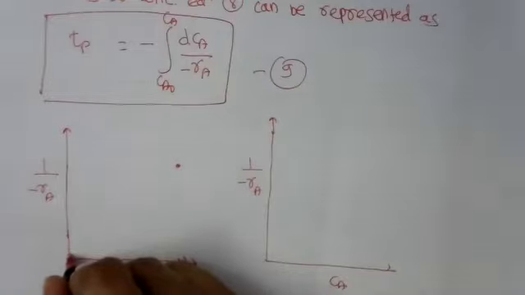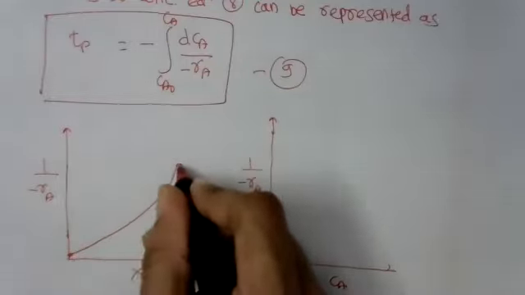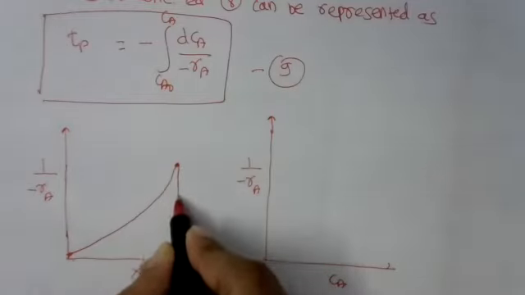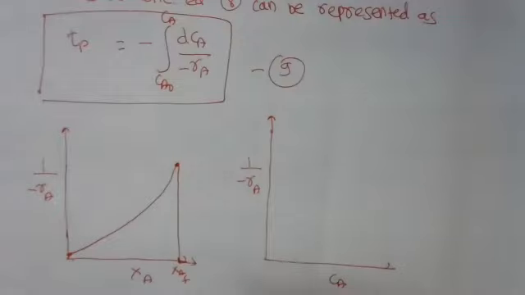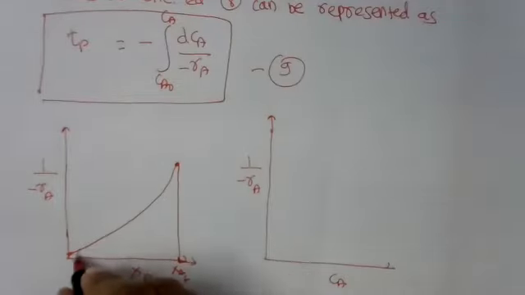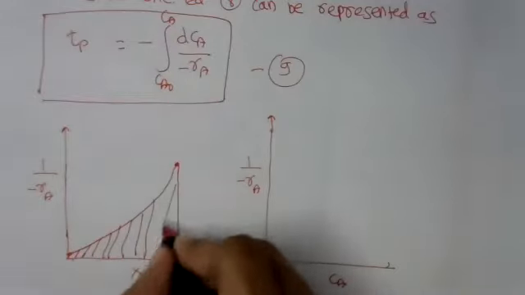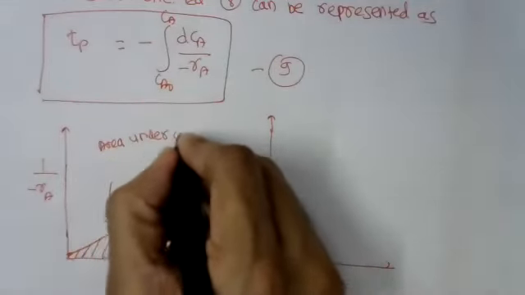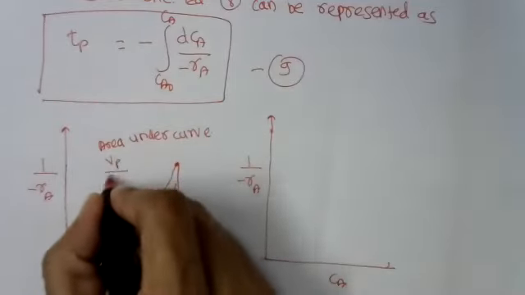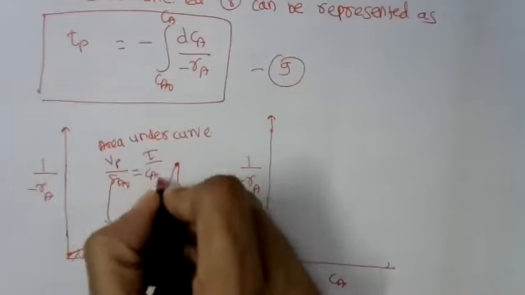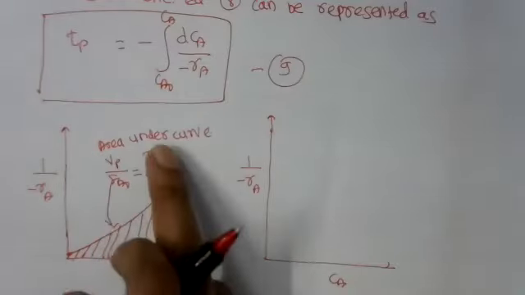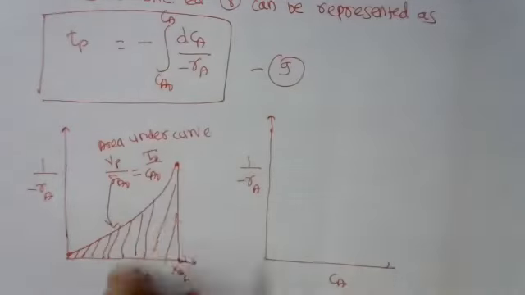And therefore, if you select all the points and draw a curve, then the performance of the plug flow reactor can be expressed in this way, and the value of area under curve is equal to Vp upon FA0 or tau p upon CA0, this shaded area.